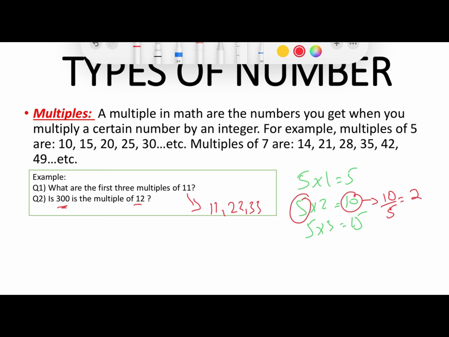It's completely divisible. So now I will divide 300 by 12. 12 times 2 is 24, we have 6 left, then a 0 comes down, 12 times 5 is 60, and we have 0 remainder. So it is completely divisible. So we can say that yes, 300 is a multiple of 12. I hope everything is clear in multiples.